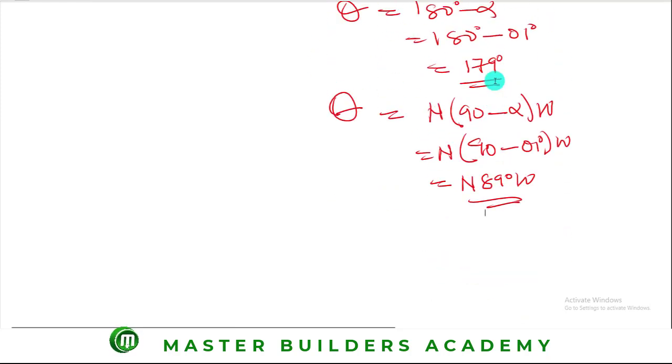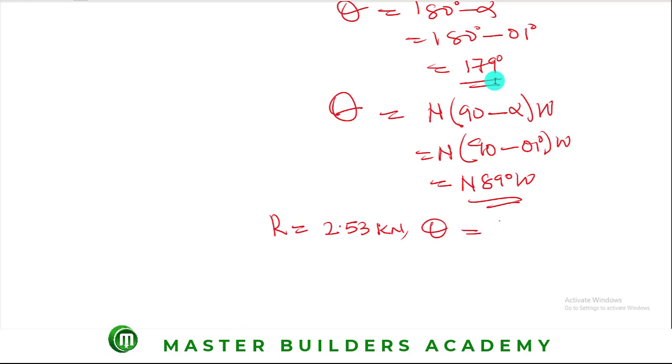So therefore the resultant is equal to 2.53 kilonewton, and the direction is equal to 89 degrees west, or 179 degrees in whole circle bearing.